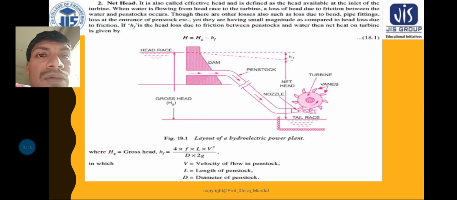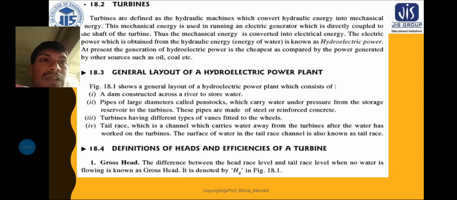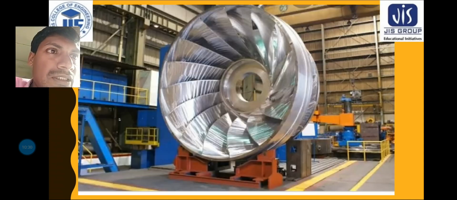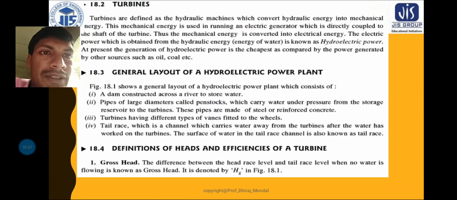This is the dam. With the help of this dam, we need to store the water. Now, the pipe of large diameter called the penstock, you can see here, carries water under pressure from the reservoir to the turbine.